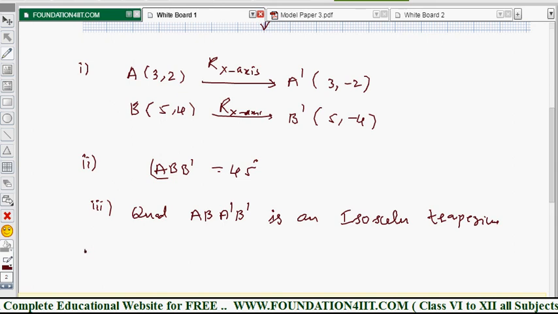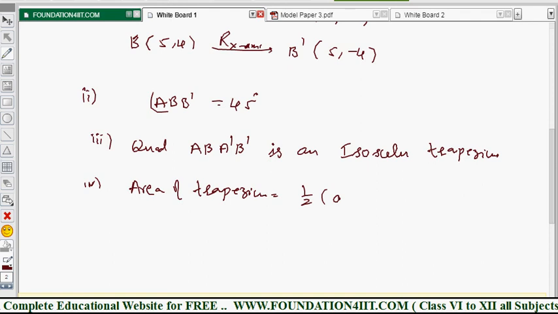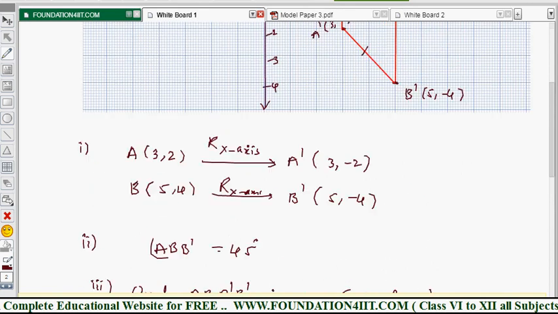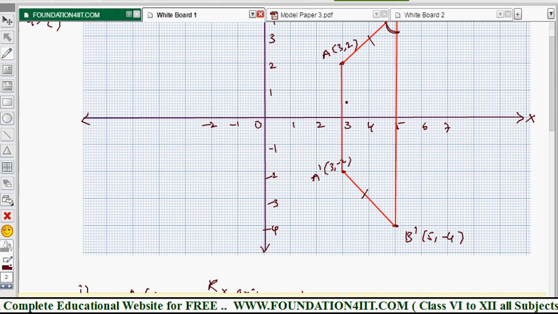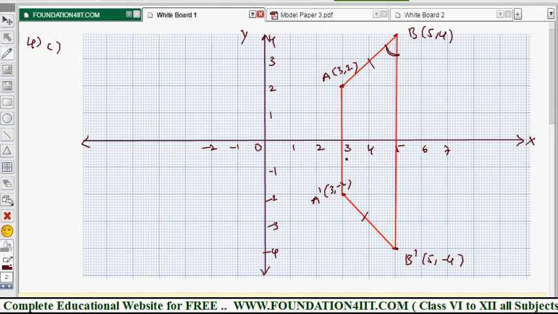For the isosceles trapezium, you know the formula for the area of a trapezium. Area is half into (a plus b) into h, where a and b are the lengths of the parallel sides, AA dash and BB dash, and h is the distance between them. A to A dash is 4 units and B to B dash is 8 units.